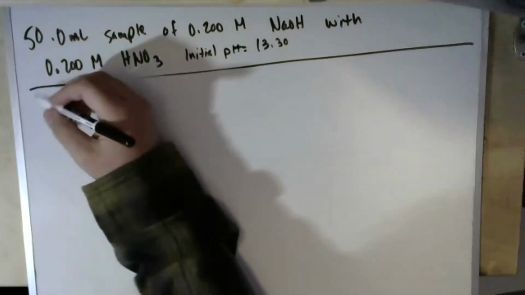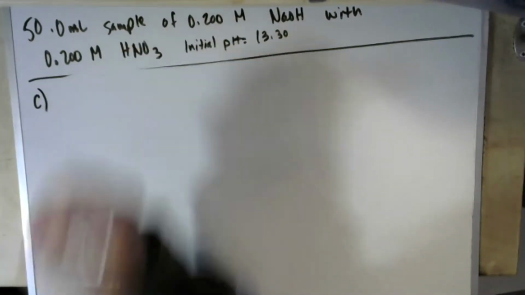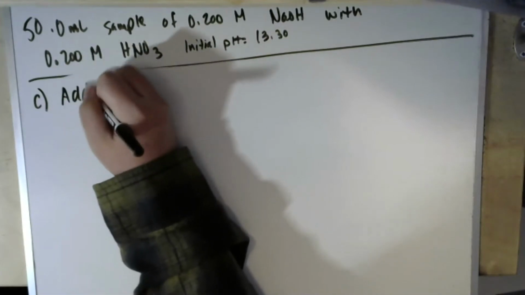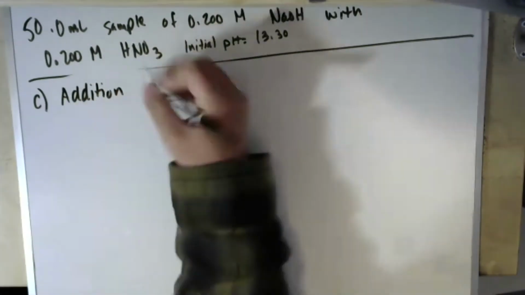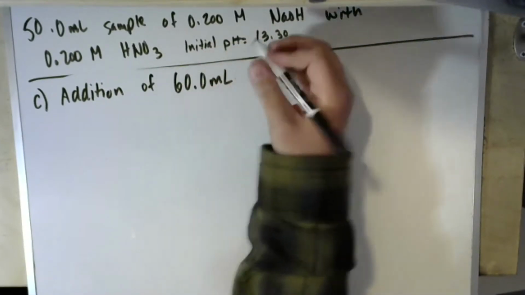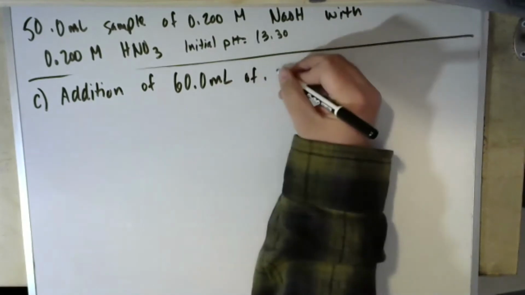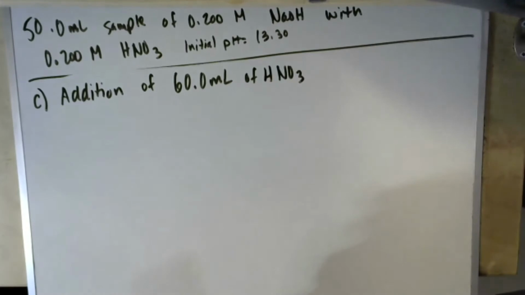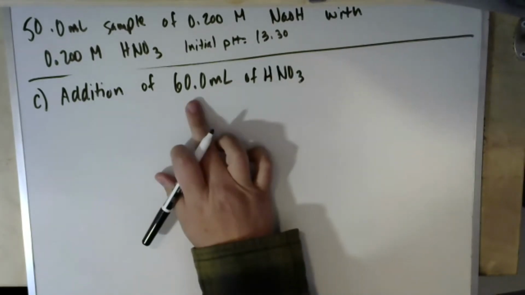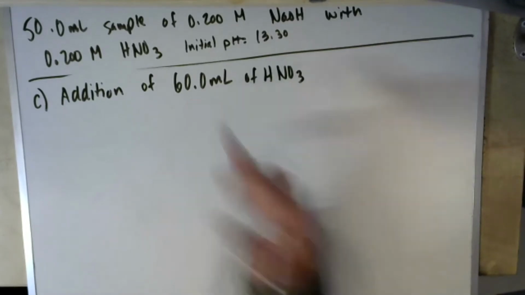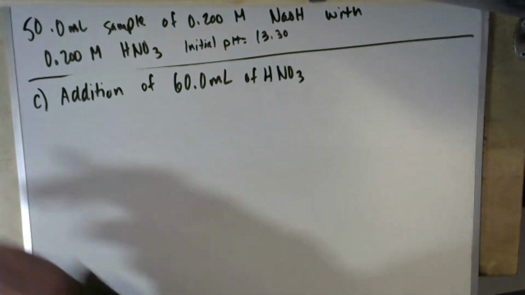So for the third calculation here, we're going to look at the pH after the addition of 60 milliliters of the HNO3. The amount of our HNO3 has increased dramatically here, and we want to see what the new pH would be. So we're going to need our mole values again.